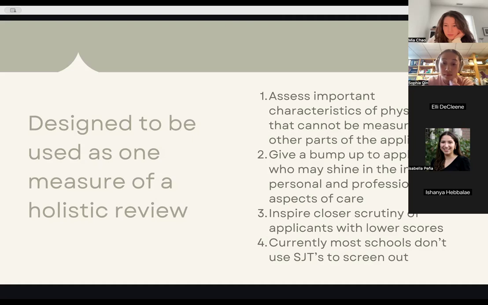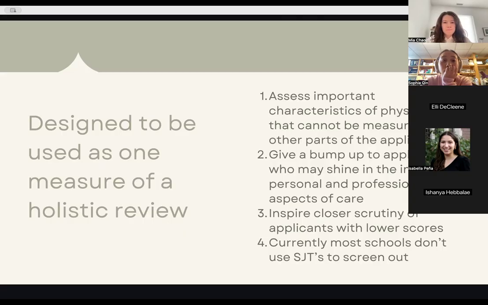And that's what we're talking about in number three. So if you're someone who has a little bit of lower numbers maybe on the MCAT or GPA wise, this test could be helpful in showing your capabilities in terms of working with others and personality and things like that, as we mentioned.